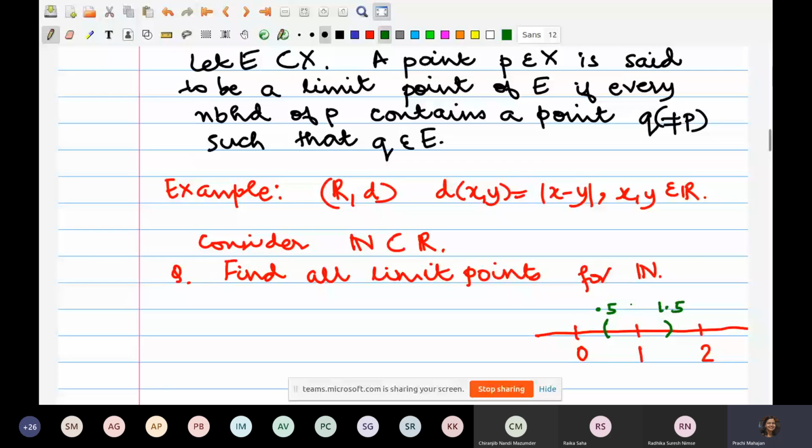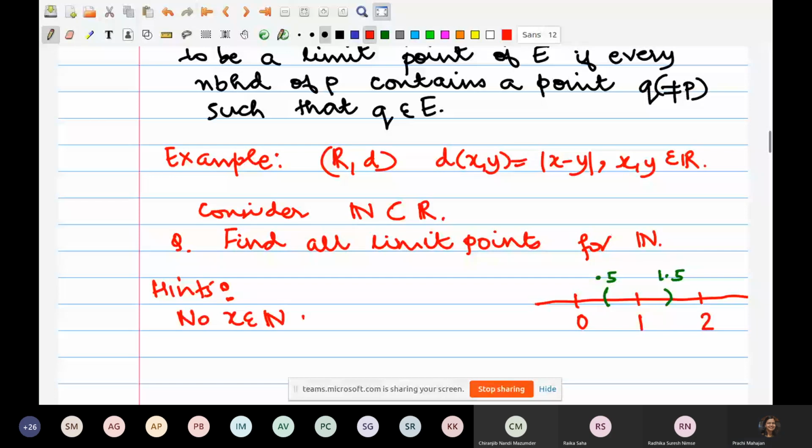These are just pointers, hints, and not rigorous arguments. So the first thing is: no natural number is a limit point of this set of natural numbers. Correct? Okay, all right.